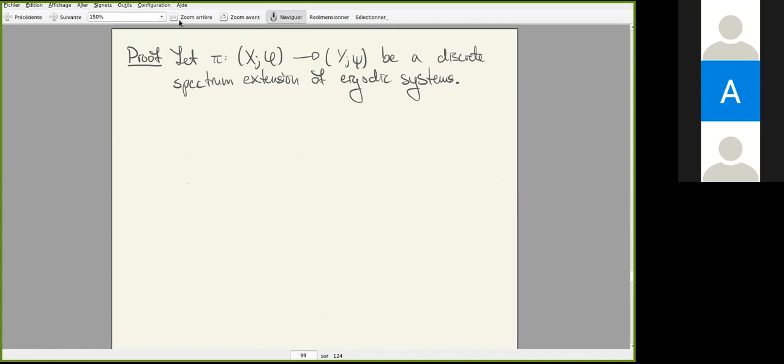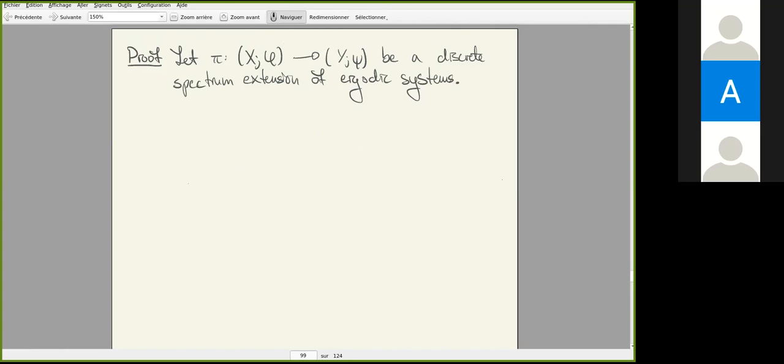We start with the discrete spectrum extension of ergodic systems. And then we need to find two topological models: one for (Y, psi) and one for (X, phi). If we start with (Y, psi), it's hard to find a canonical model. What is a canonical subalgebra?